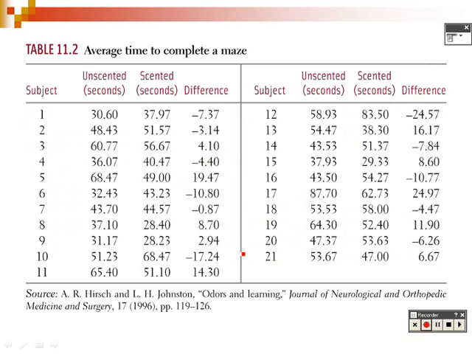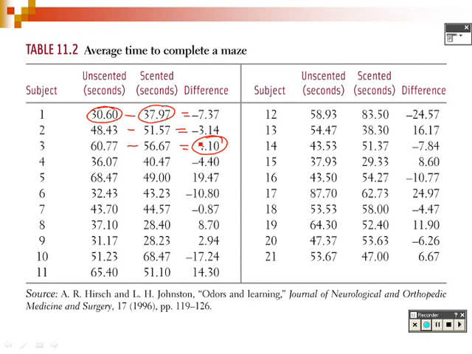Here's the actual data. You can see that here's our unscented, here's our scented. We're subtracting them to get this number. Subtract to get this number. Subtract to get this number. One thing we might think about doing before we actually do any calculating is looking at, out of the 21, how many of them are positive? Because the positive are the ones that are going to suggest that scented works.